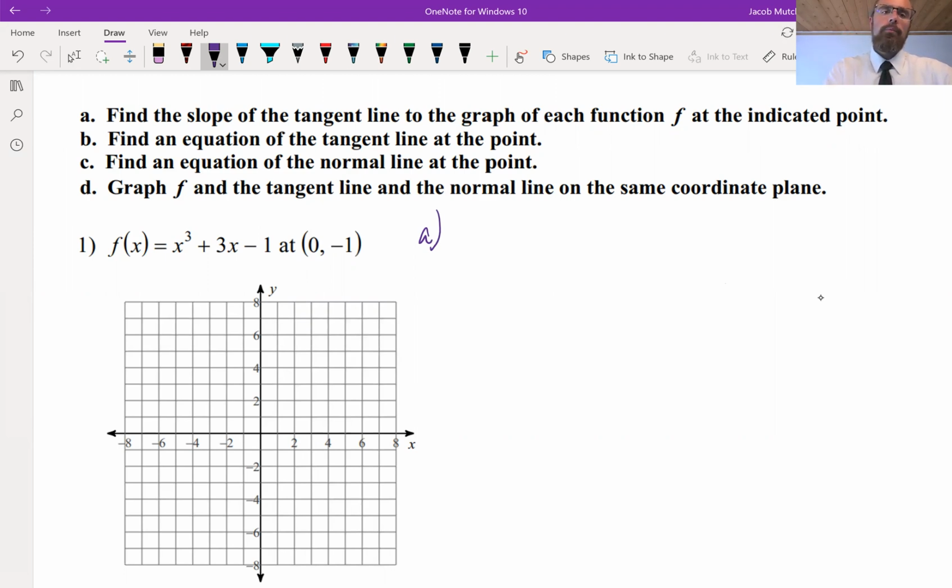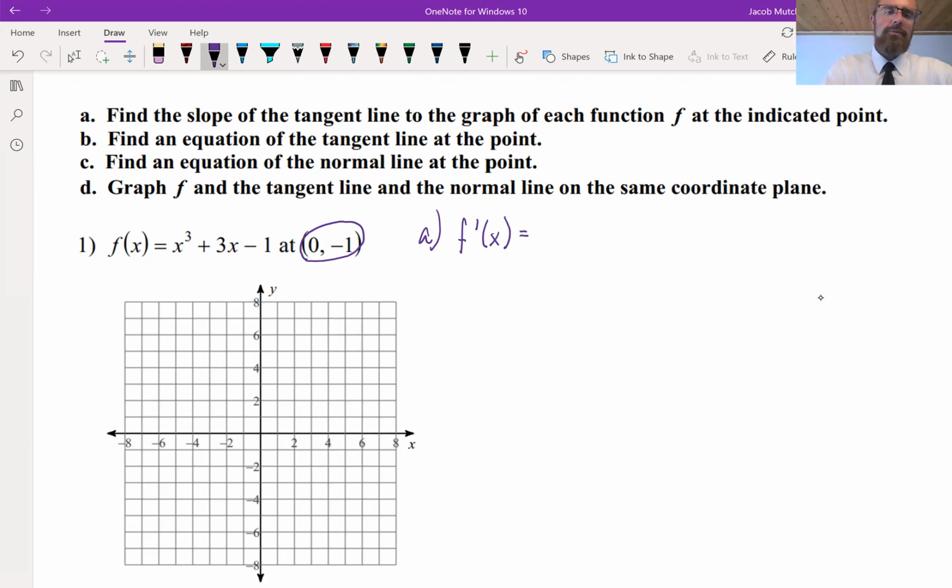And the point where our tangent line will hit that function is here at 0, -1. I do recall that the slope of a tangent line is really the way we define the derivative. So what we need to find first is the derivative of f of x.